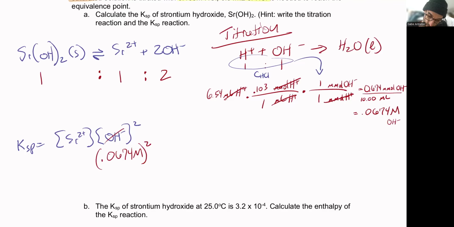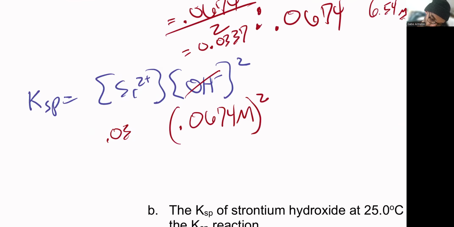So if the concentration of my hydroxide is 0.0674, my strontium ion has to have a concentration equal to 0.0674 divided by 2. It's half of that because I have twice as much hydroxide. Half of that turns out to be 0.0337 molar.